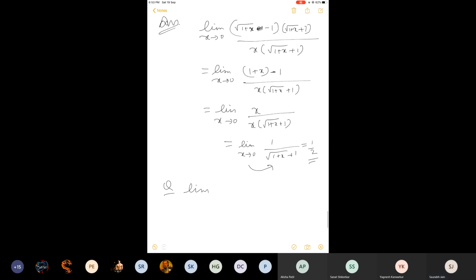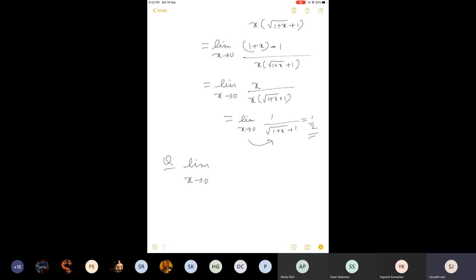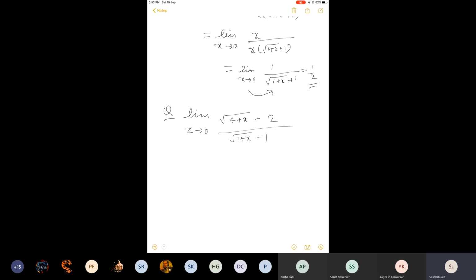Okay, solve this one. All of you try this question. See, whenever you directly put some number in the question, you will get one of the 7 indeterminate forms.